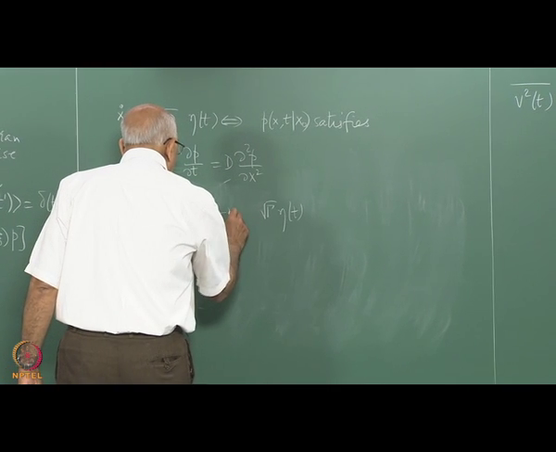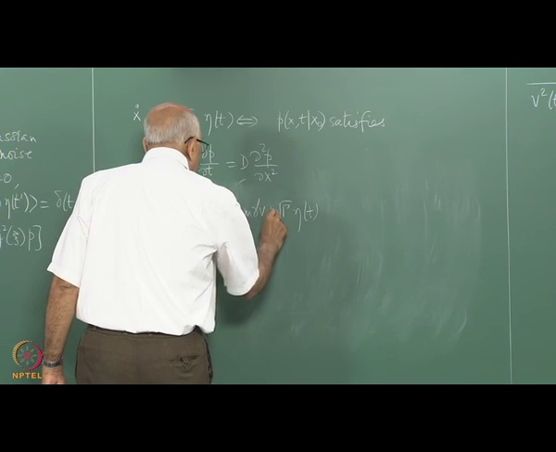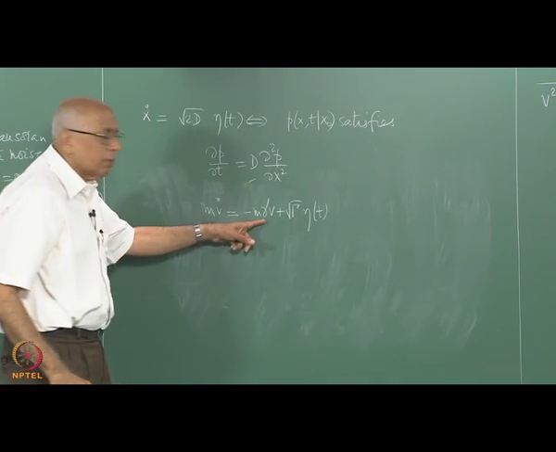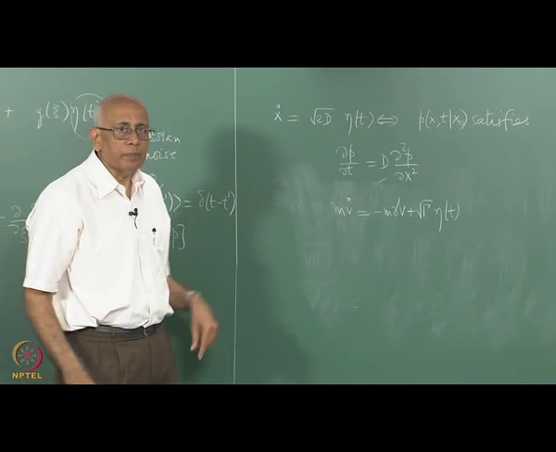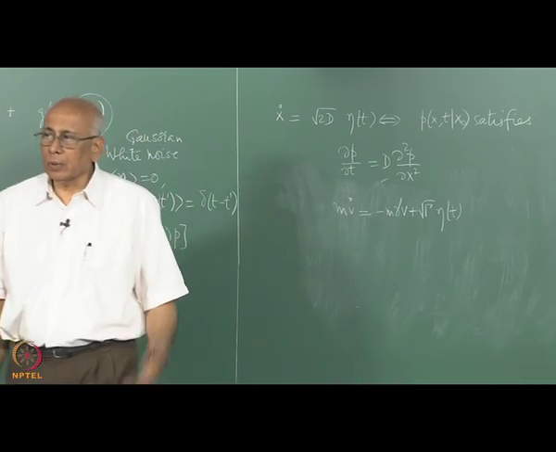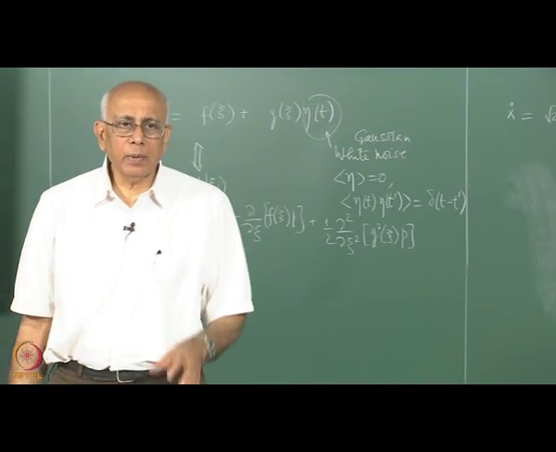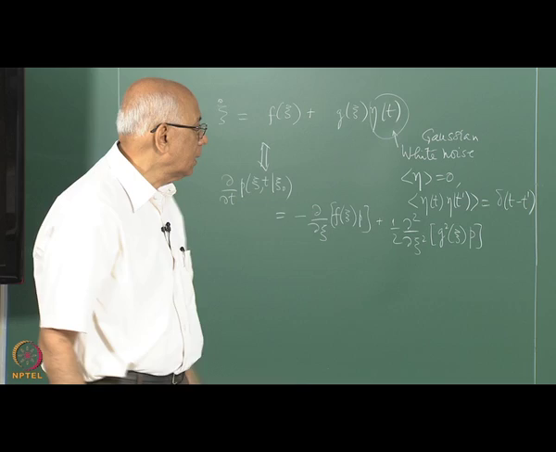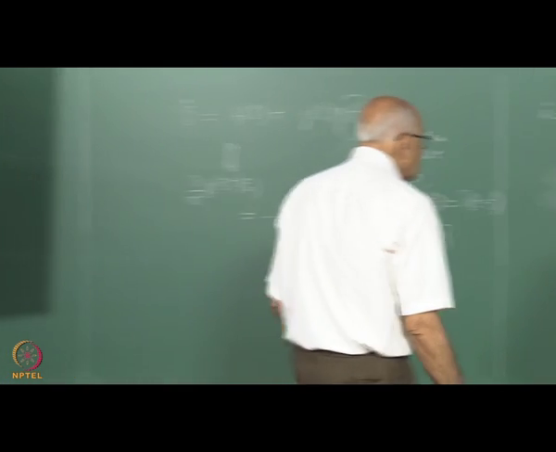So this is equal to minus m gamma v plus this, but gamma is a quantity which has dimensions of 1 over time, so that it matches on this side. It is a friction coefficient. I took out the m explicitly because it is easier that way, right. So this is my model.